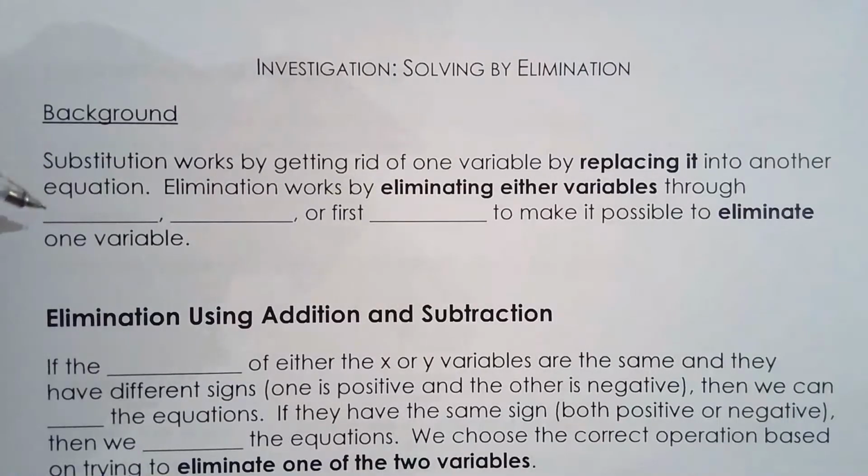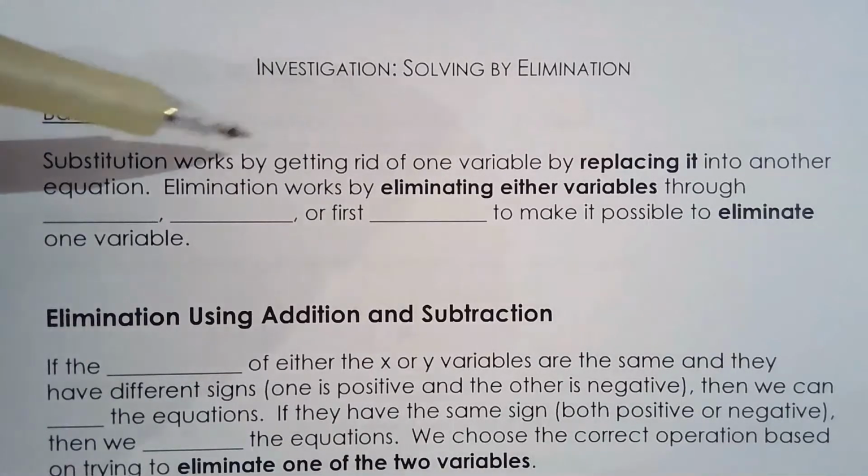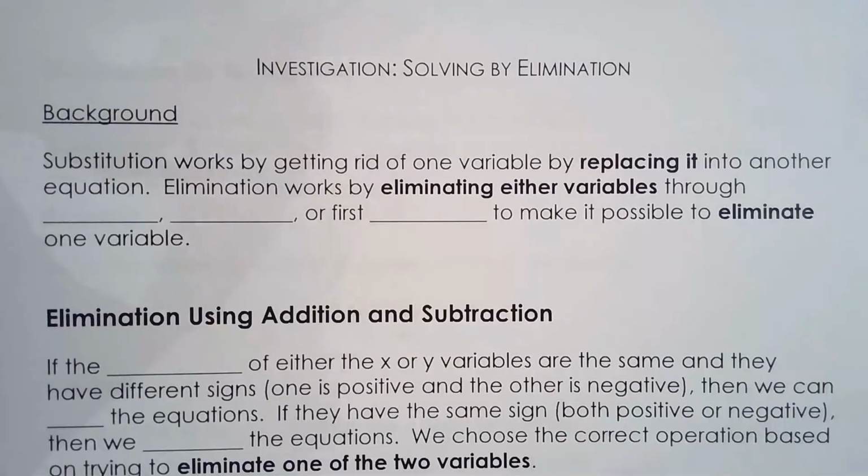We're going to fill in these blanks, but they might not mean anything to you when we first fill it in together. But after we do the examples, I just want you to read it by yourself again. So don't worry if it doesn't make sense in the beginning. After we do the examples, then it makes perfect sense. Okay, substitution works by getting rid of one variable by replacing it into another equation.